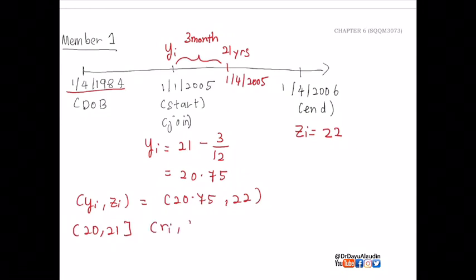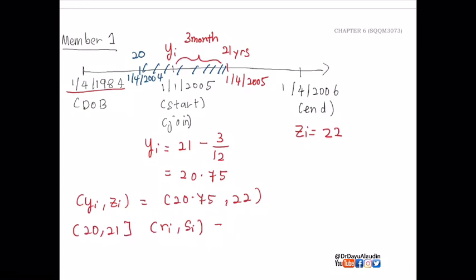So how to determine the Ri and Si? 20 is somewhere here, 1st April 2004, and 21 is 1st April 2005.